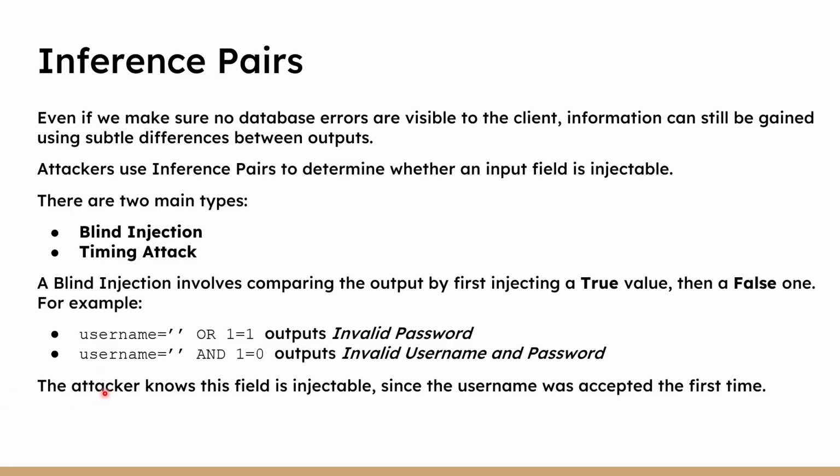Sorry, question. By doing SQL query pairs, it doesn't really tell us about the actual code, like the name of the parameter or any table names or column names, but it tells the attacker that a field is injectable.